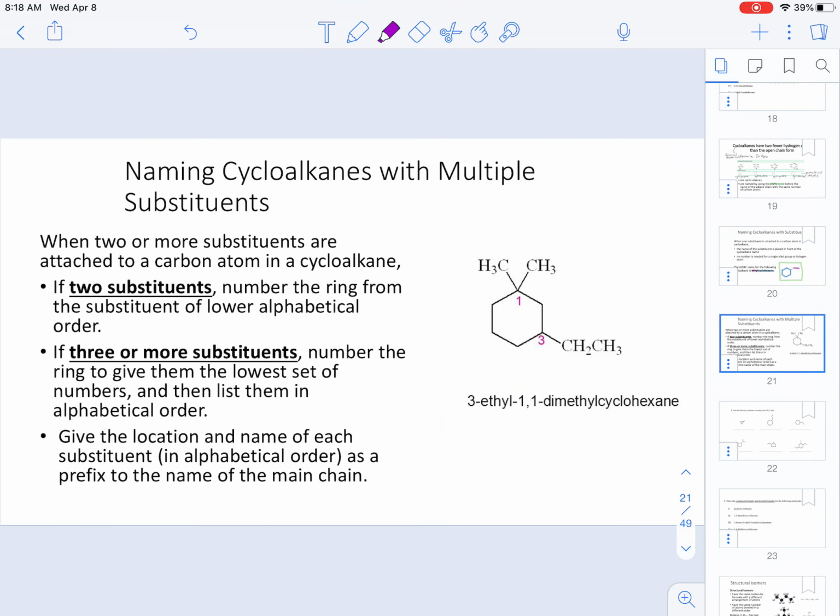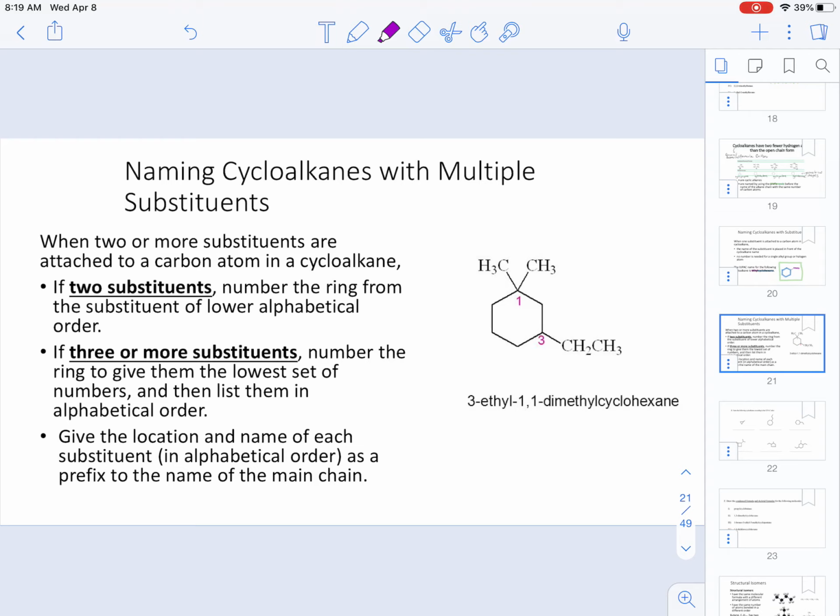Now, when we are naming cyclic alkanes with multiple substituents, we have to take into account that there are going to be different rules when we have 2 substituents or if we have 3 or more substituents. As you can see, if 2 substituents are present in our cyclic alkane, we're going to be numbering the ring from the substituent of lower alphabetical order.